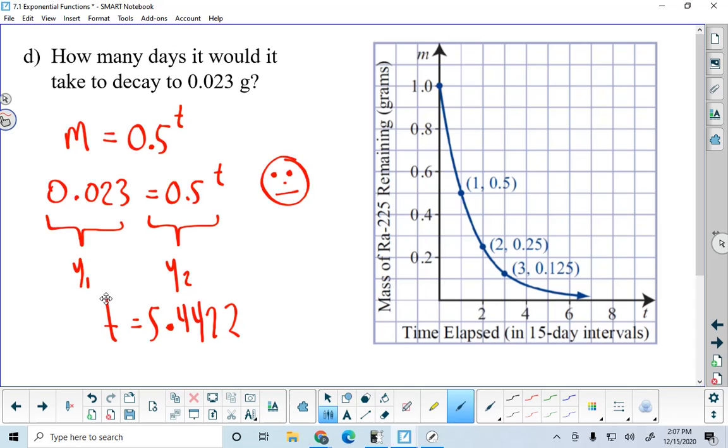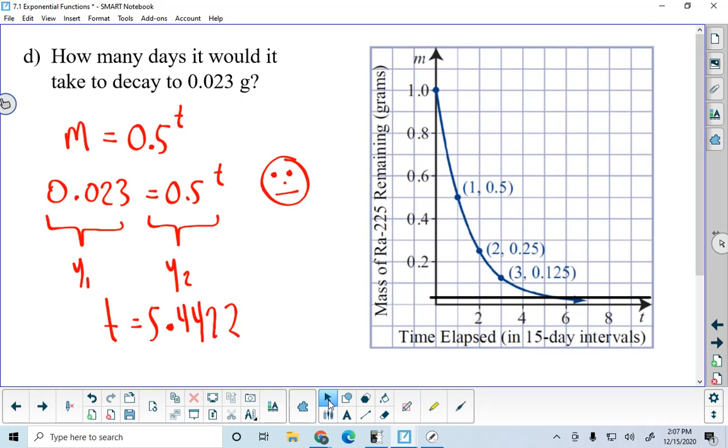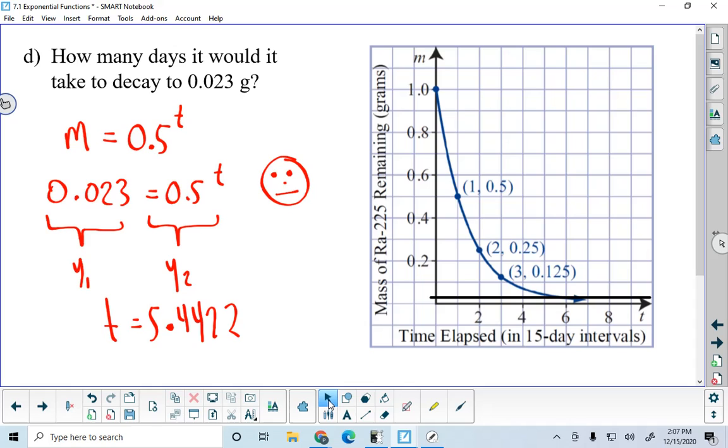Okay. So now the point of intersection of the curve and 0.023 is 5.4422. That's not the answer to the question, though. The question is, how many days would it take?